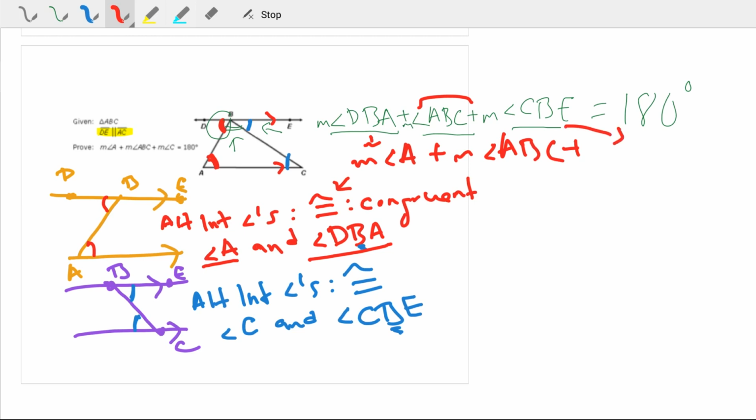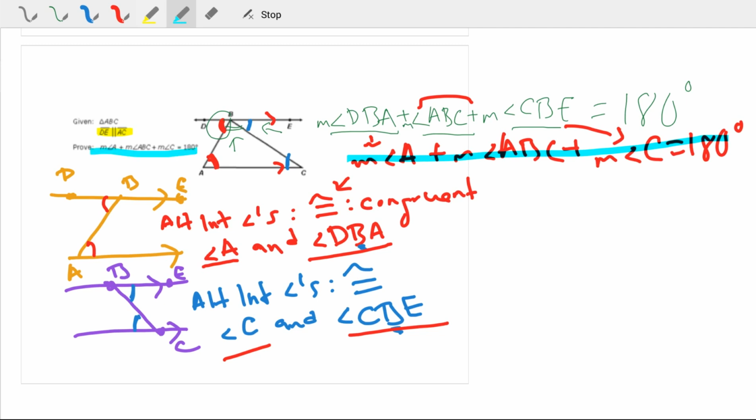This one here, CBE, but we already worked with it. CBE is congruent to angle C. So I can put measure of angle C. And in a sort of stumbling-upon-it way, we basically showed already what we wanted to show. Measure of angle A plus measure of angle ABC plus measure of angle C is equal to 180.